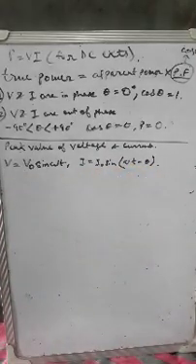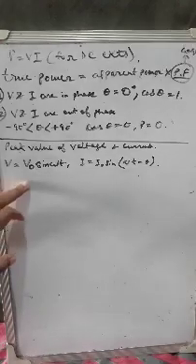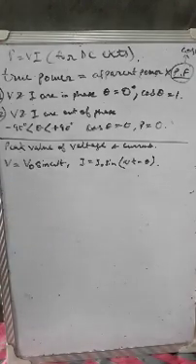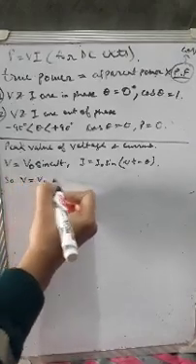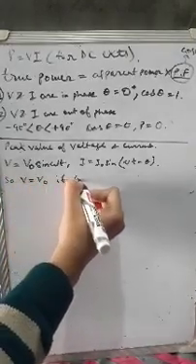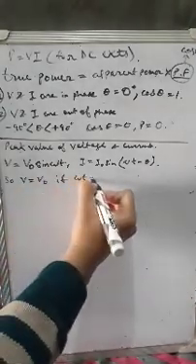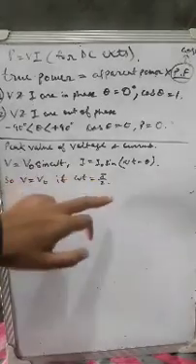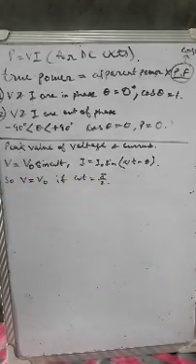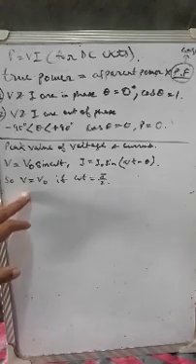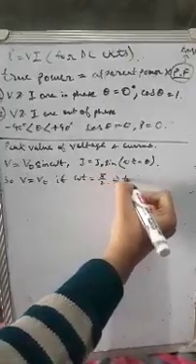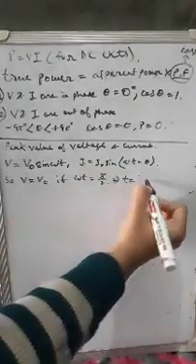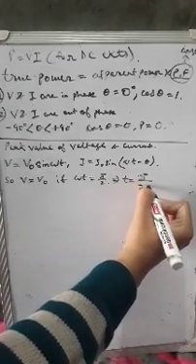V is equal to V naught when omega t is pi by 2, since sine 90 degrees is 1. So V equals V naught if omega t equals pi by 2, that is, time t equals pi by 2 omega.